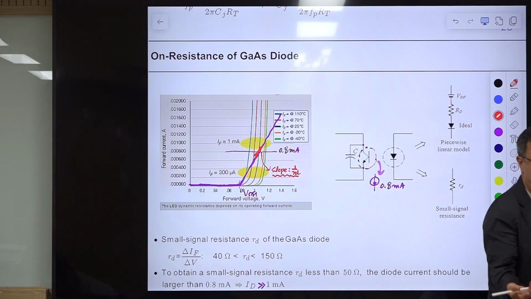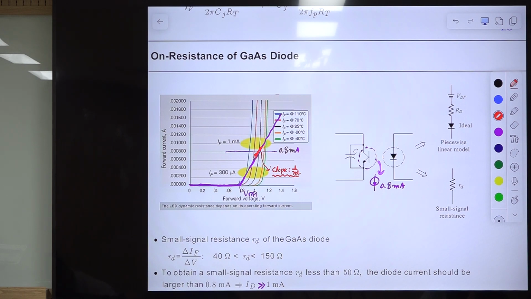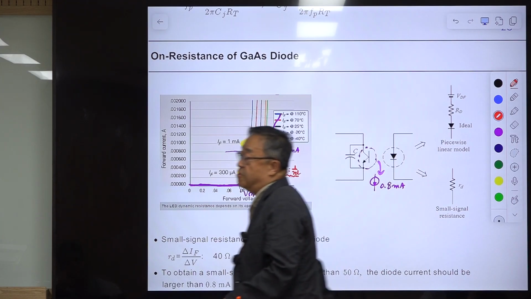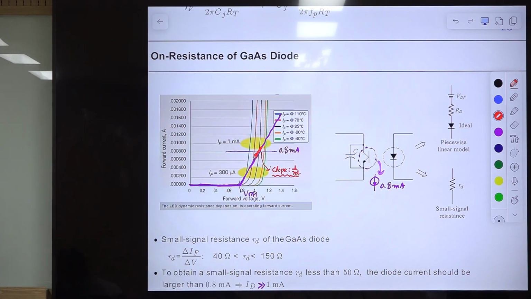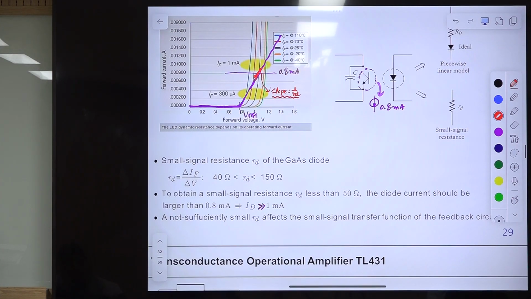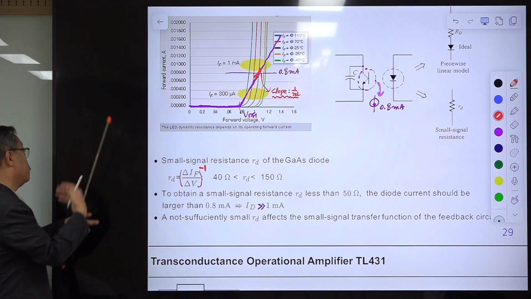So for the AC analysis or compensation design, you must use this small signal resistance. Okay, you have learned this in electronics in your sophomore class. But still, that knowledge is necessary here. And I made a mistake. I need the inverse of this. So the numerator and the denominator are swapped here. So I need to swap again.